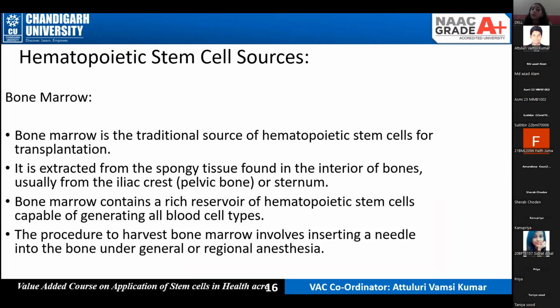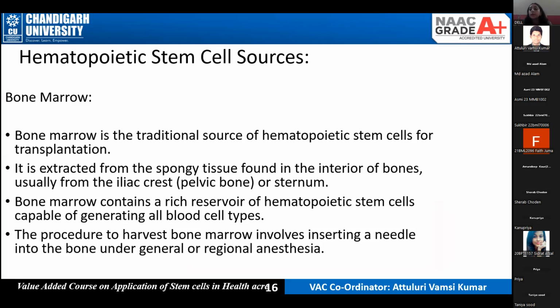First we extract the stem cells from the spongy tissue of the pelvic region or the sternum. Bone marrow is a rich reservoir of hematopoietic stem cells, capable of generating all the blood cell types.